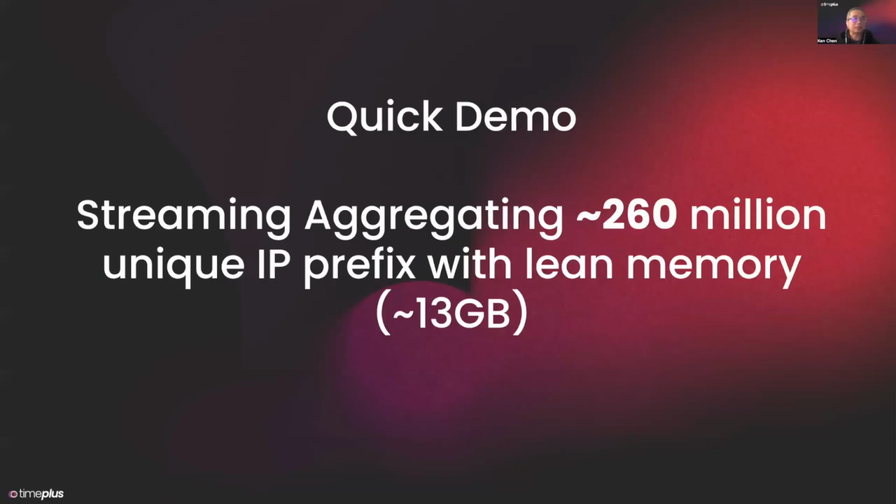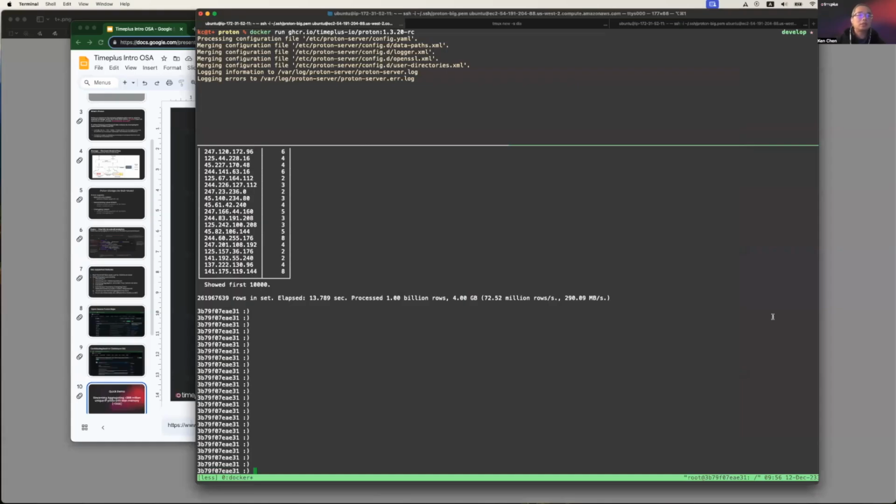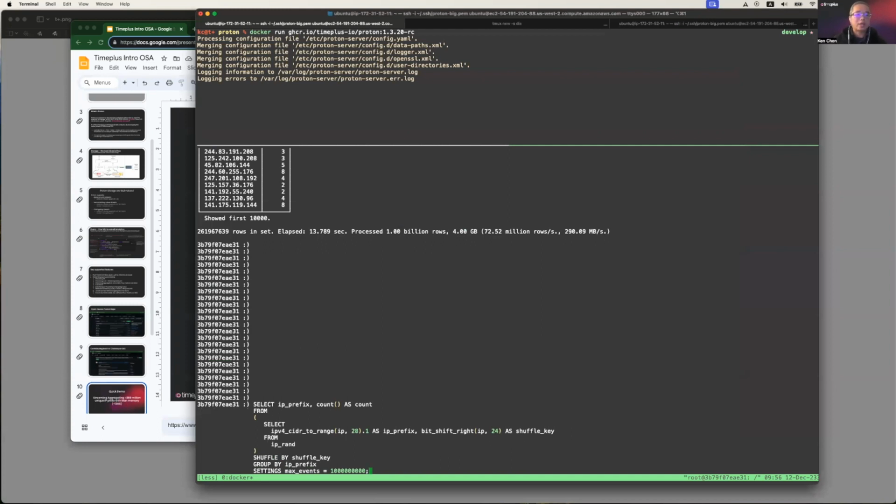Lastly, I'd like to do a quick demo: streaming aggregation of 260 million unique IP prefixes with a very small amount of memory, thanks to our enhancement in Proton. Here I have a query, and I randomly generate 1 billion events with random IP addresses. I calculate the IP prefix, which is the highest 28 bits, giving around 260 million unique IP prefixes.